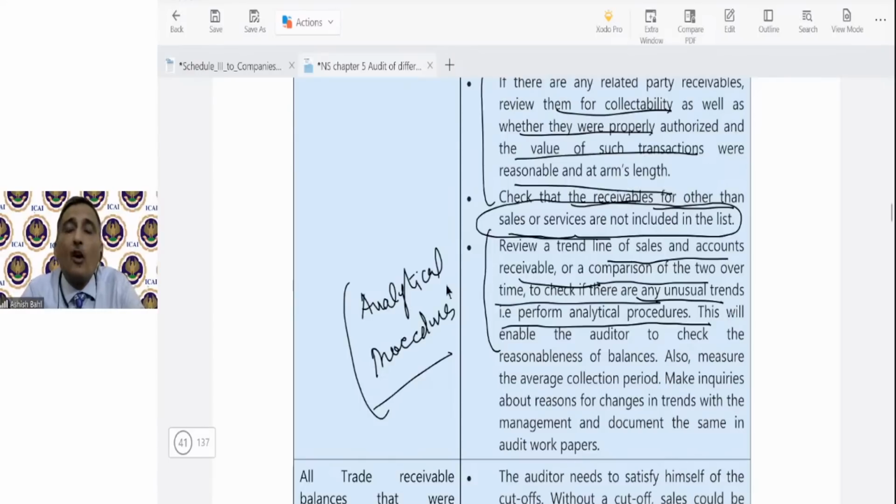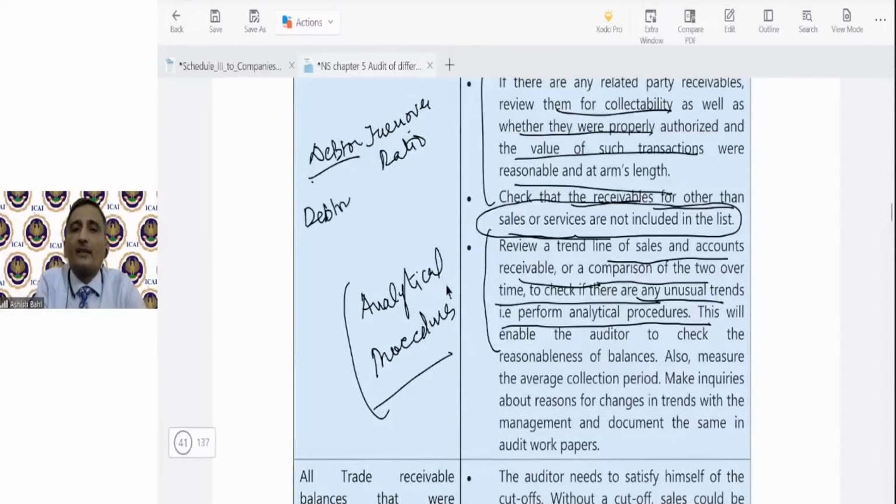So I would also perform ratio analysis, like I would check debtor turnover ratio of this year and previous year. So we had discussed about debtor turnover ratio last time also. So debtors upon sales into, say, if you want to calculate in number of days, into 365.